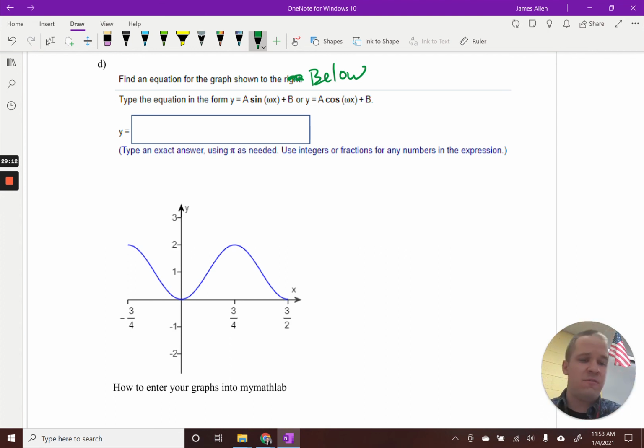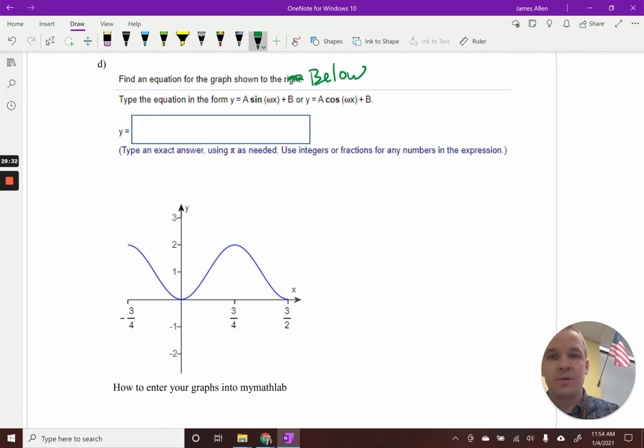So they tell you the formula essentially with their variables that they choose to use, whereas some textbooks would use b in place of that omega. This is what our online textbook decided to do. Type the exact answer using pi as needed. Use integers or fractions for any numbers in the expression.